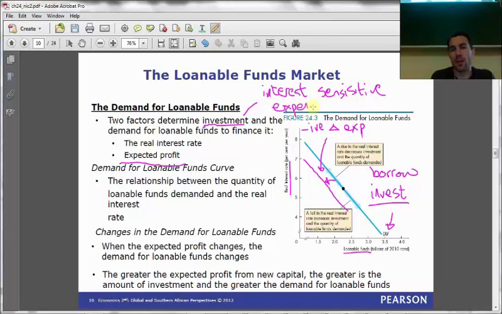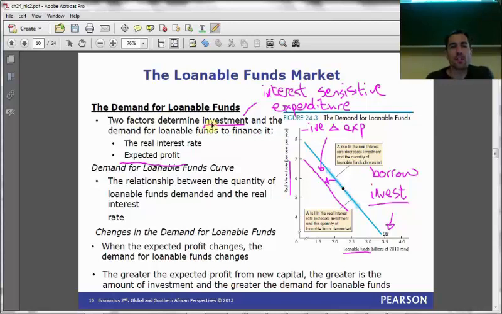So in other words, any kind of spending that is influenced by the interest rate would be interest-sensitive expenditure. Investment is the main kind of spending that is influenced by the interest rate, which is why we usually just refer to investment. But more generally, it's any kind of interest-sensitive expenditure.